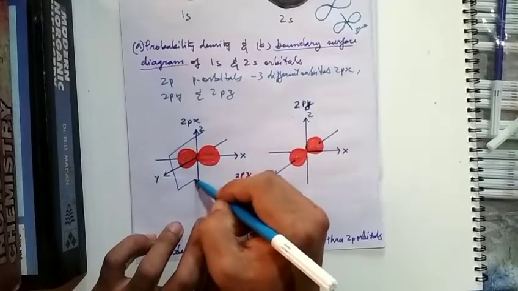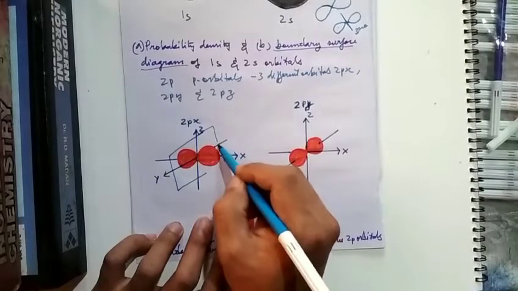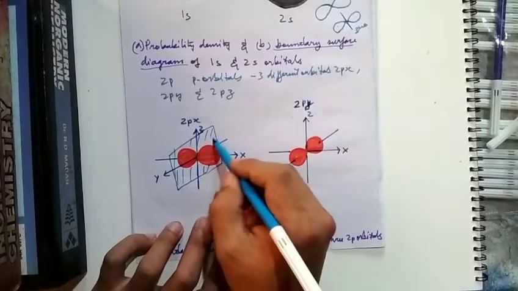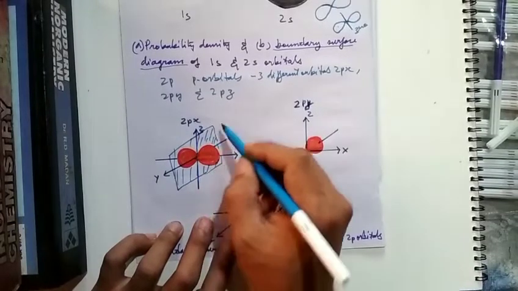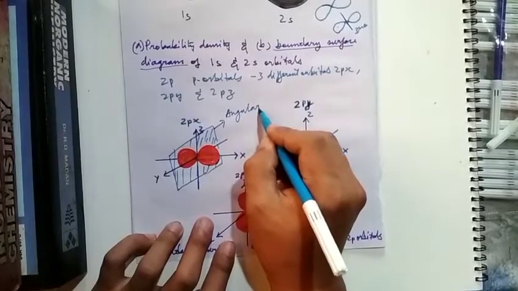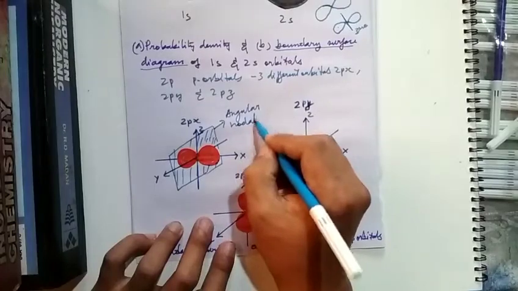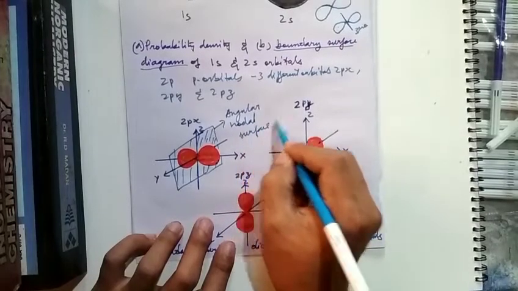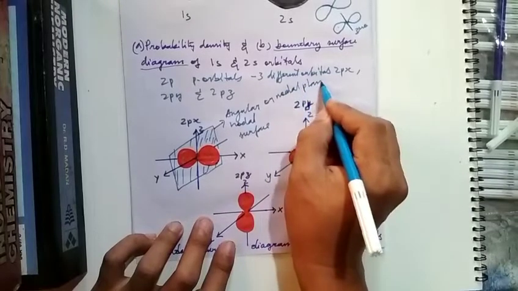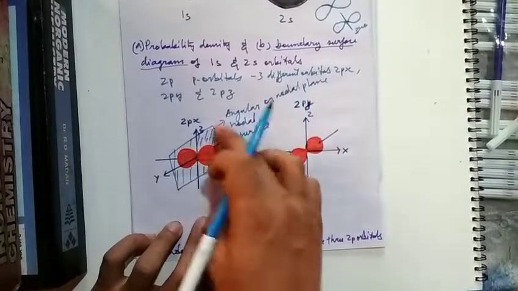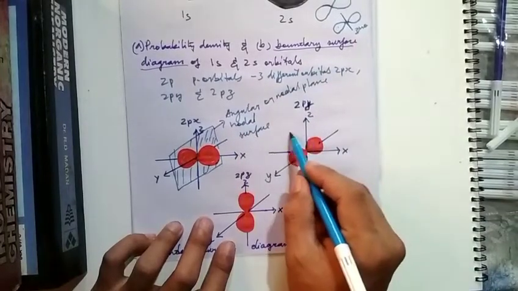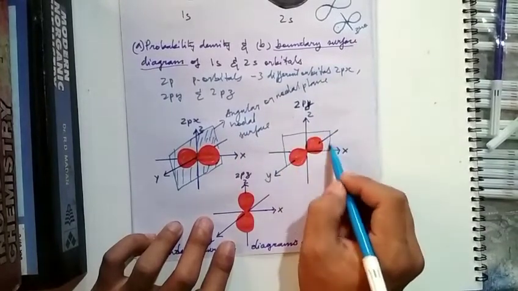We call this plane an angular nodal surface or nodal plane. So for this 2px there is one nodal plane, and here also there will be one nodal plane.